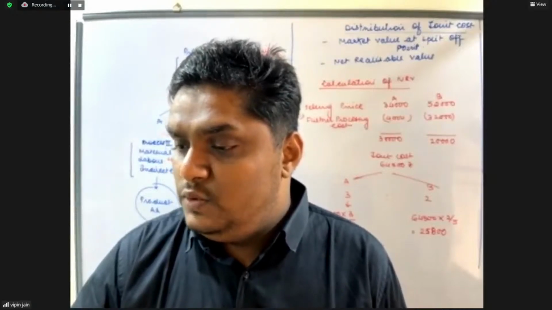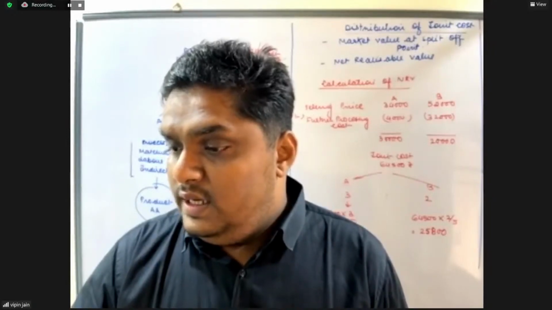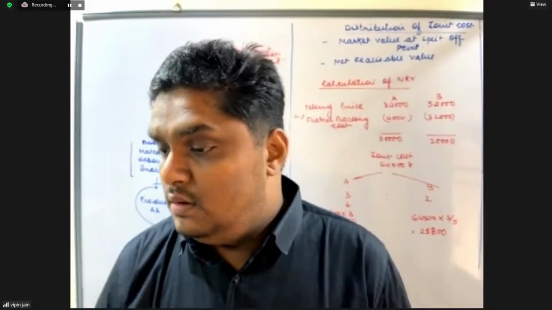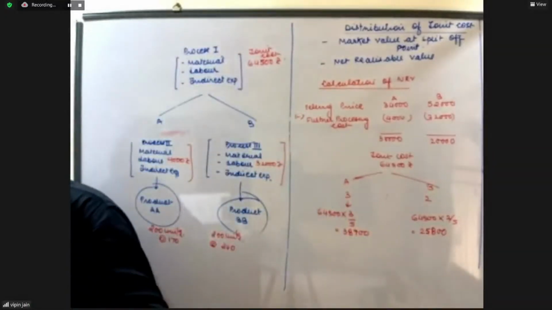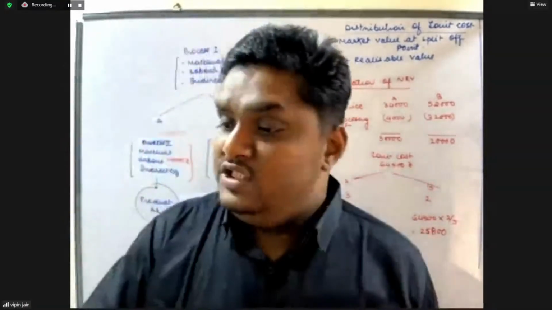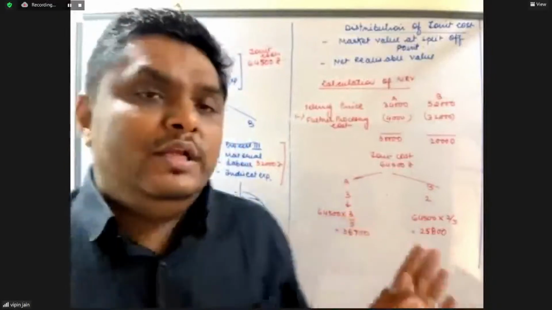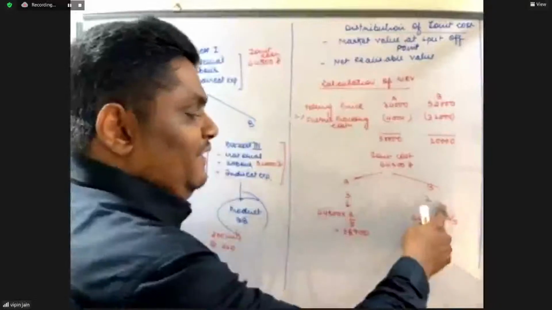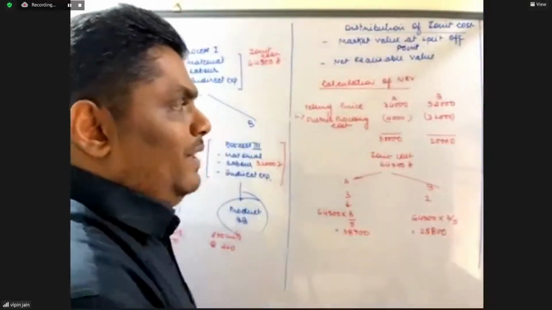I request you guys to please post your queries. Krishna, hopefully your query is resolved. When talking about the distribution in the ratio of 3:2, the total of 3 and 2 is 5. So 64,500 into 3 by 5, 64,500 into 2 by 5.